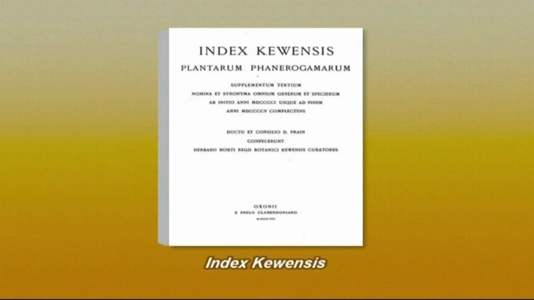Darwin at that time realized the great need for a list of plant names with their bibliographic details of where they were originally published. Since the time of Darwin, generations of biologists have found the Index Kewensis an indispensable source for botanical research.